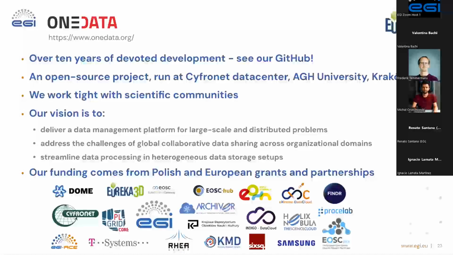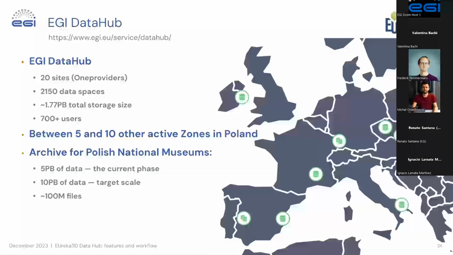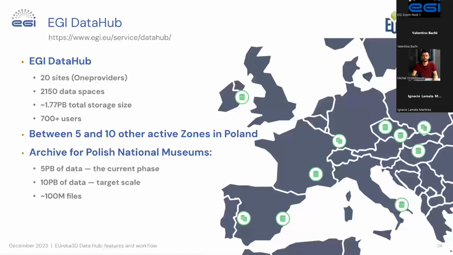So the EGI Data Hub is the service that is managed by the Cybernet data centers, hosted in Cybernet data center, and it's the EGI entry to the One Data service. At the moment, the EGI Data Hub serves about 2,150 different data spaces.